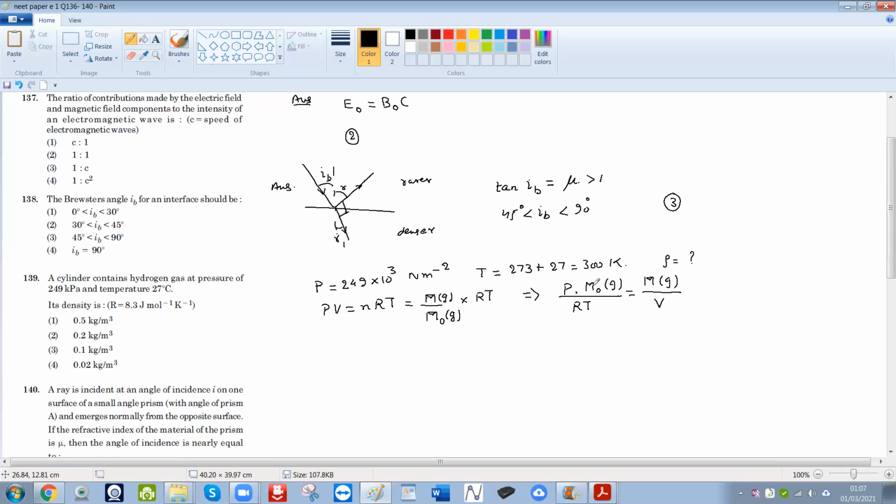So, molecular mass of hydrogen gas in kilograms will be 2 into 10 raised to the power minus 3 kgs.